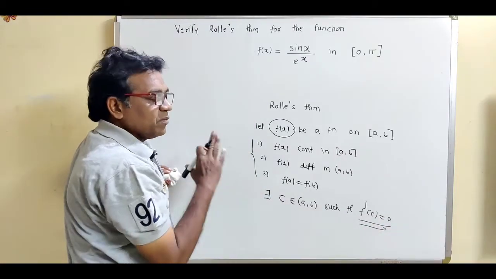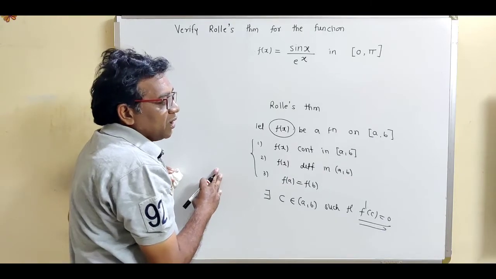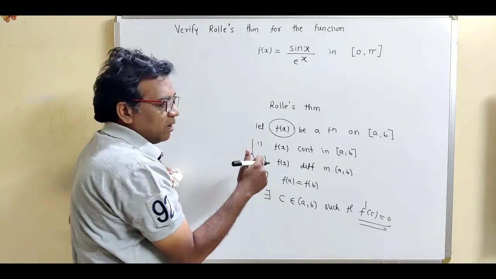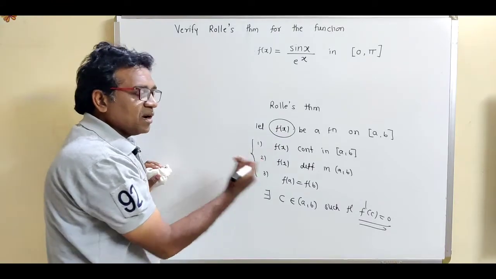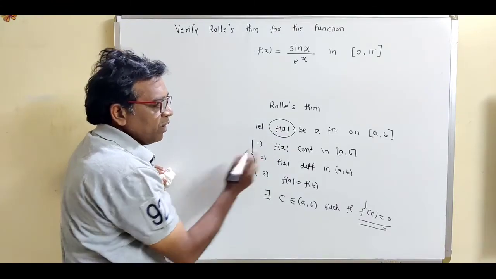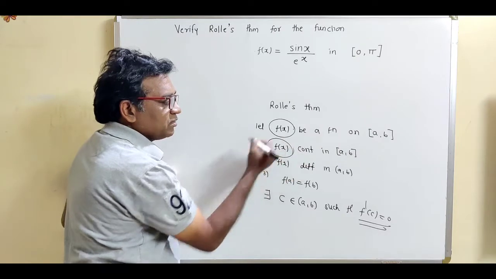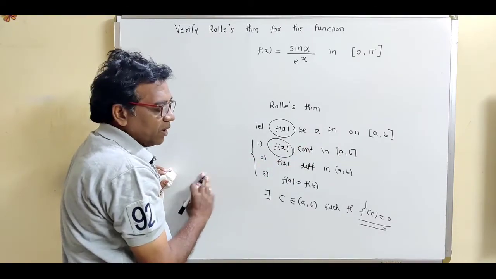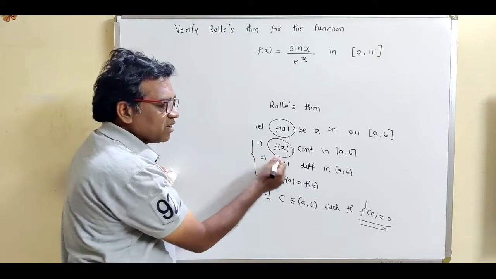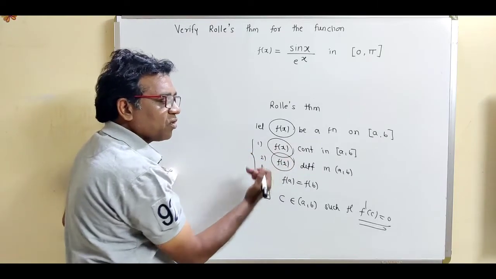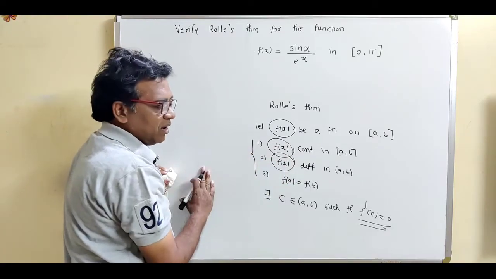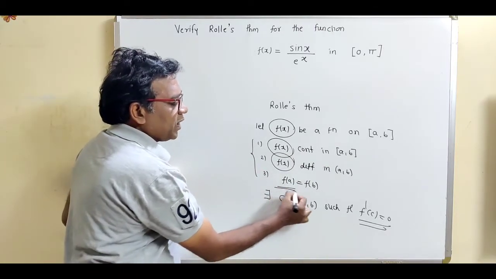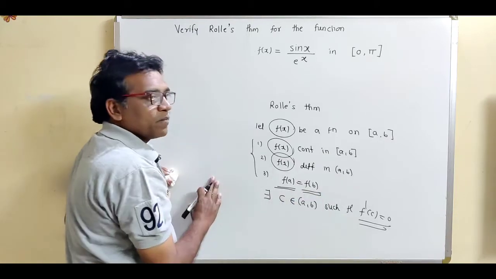So see what is the statement of Rolle's theorem. This Rolle's theorem just contains three conditions. We have to verify these three conditions. Whether the given function is continuous or discontinuous in the closed interval. Verify the second condition, whether it is a differentiable function or not in the open interval, and verify the third condition, f(a) is equal to f(b).